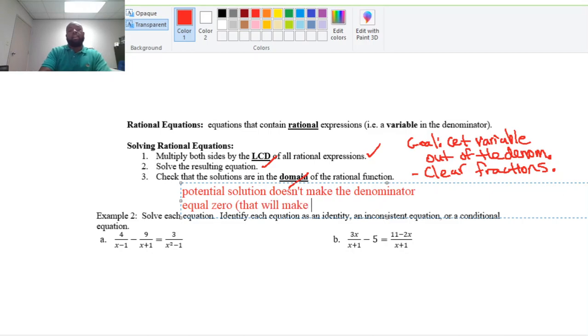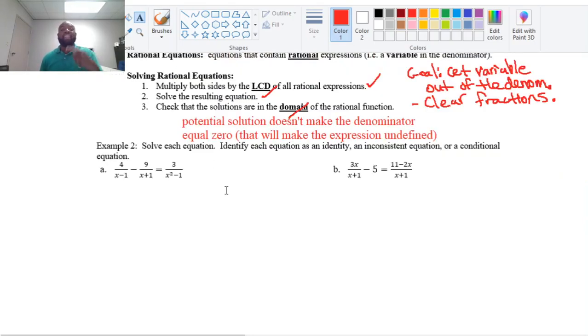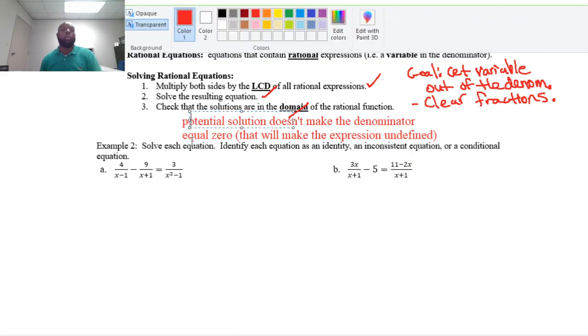That will make the expression undefined. Remember, we can't divide by 0. So if we get an answer such that if we plug it into one of these denominators, it makes that denominator 0, then it can't be my solution because it'll cause my expression or my equation to be undefined. And so we don't want that to happen.